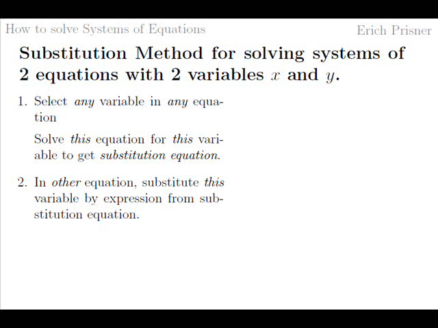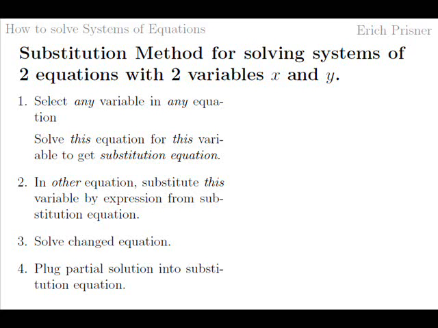Now you get only one equation in one variable, y. Number 3, solve this one equation for y. And number 4, get the solution value for x by plugging the solution value for y into the substitution equation. A frequent mistake is that students plug the substitution equation into the equation it came from. Don't do this. Plug it into the other equation.